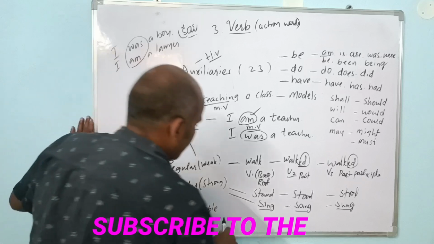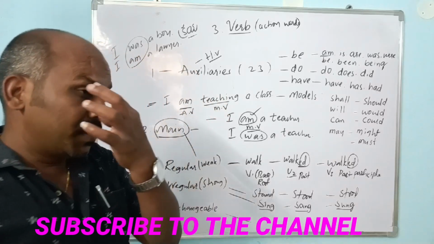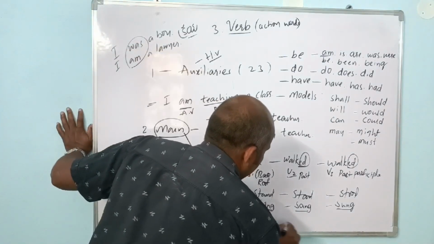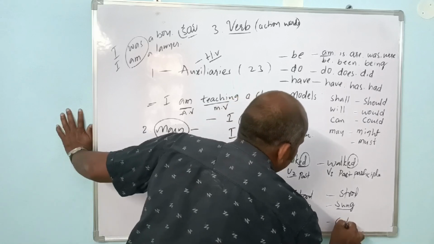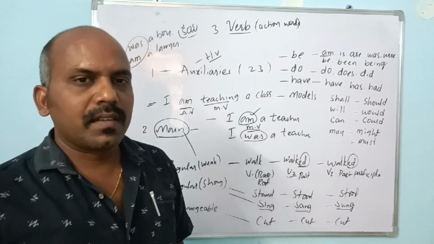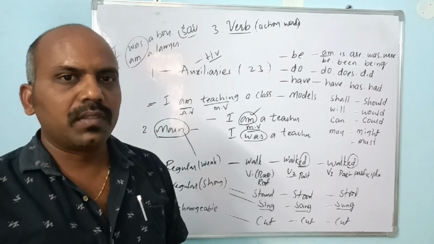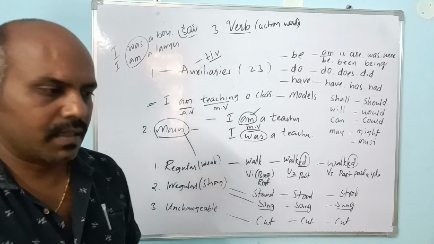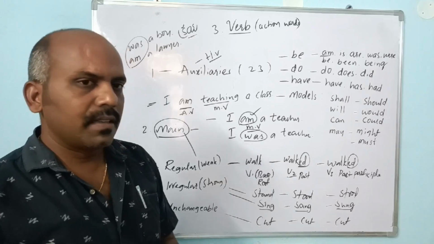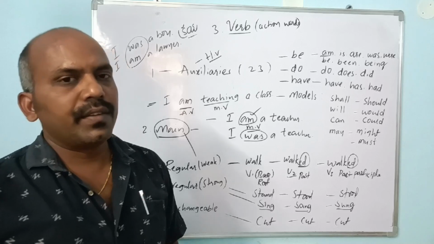And coming to unchangeable, unchangeable verbs are those where there is no change in any form. Like cut, cut, and cut. Right? There is no verb in English like cutted. Put also: put, put, put. Like these, there are a few verbs which don't need any change of form.